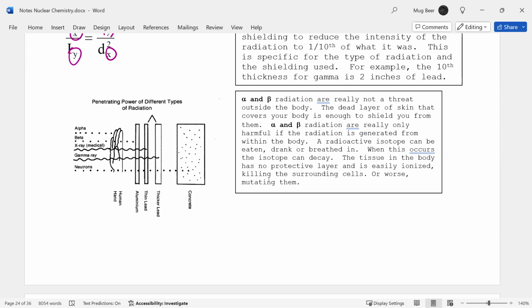The alpha particles are going to hit the dead layer of skin, steal 2 electrons and turn into helium, and float away. It is literally not going to be a problem because it can't damage something that's dead, and the skin on your body is dead. The only way it can do any damage to you is by breathing it or eating it. It needs to get inside of your body.